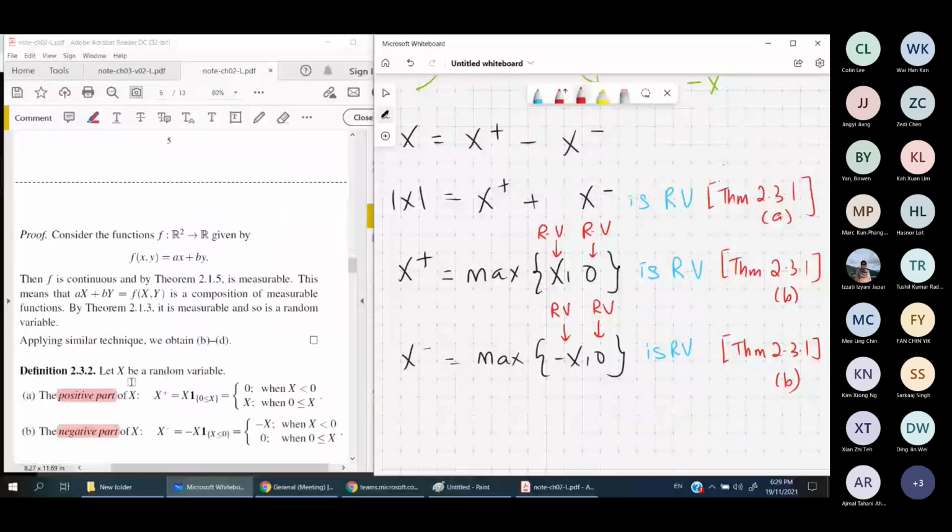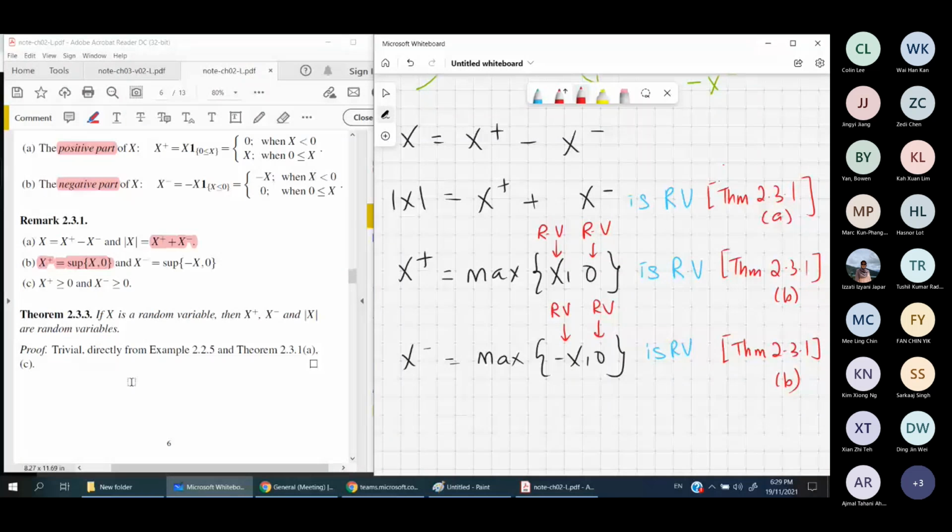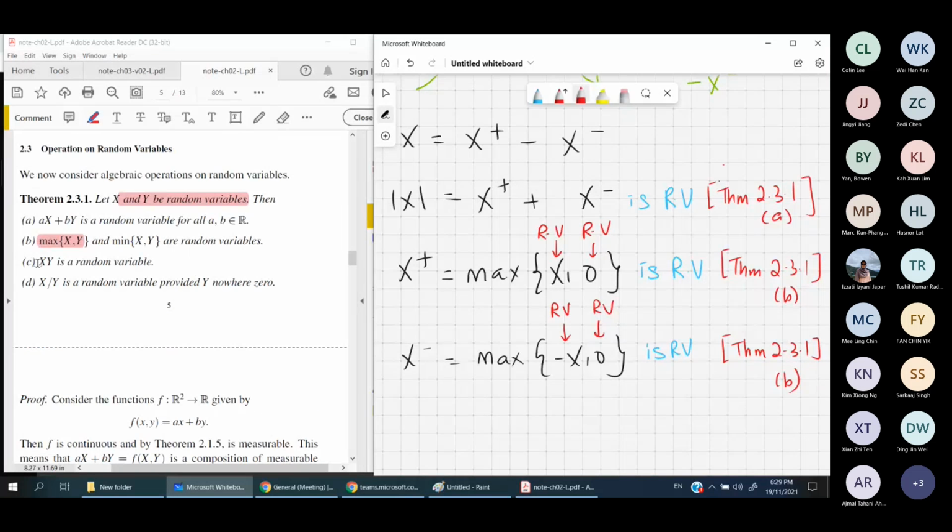So from this argument, we can see if X is a random variable, then X plus, X minus and modulus of X are also random variables. The argument comes directly from theorem 2.3.1 A and C. Why is part C? Oh, okay, doesn't matter.